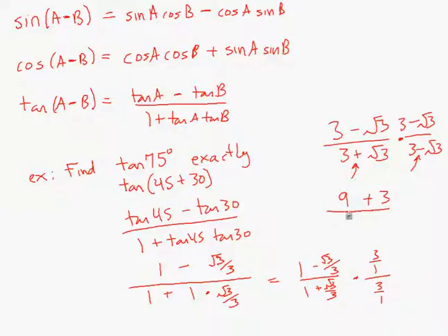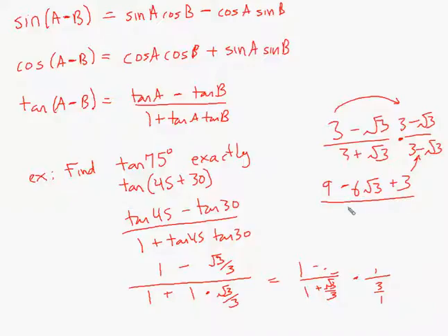Oops, no we do not. We do not get that. First thing times that, 9 minus 3 root 3, minus 3 root 3 is minus 6 root 3, then plus 3. And in the denominator, that's where we're going to get the 9 minus 3. So that equals 6. That equals 12 minus 6 root 3.